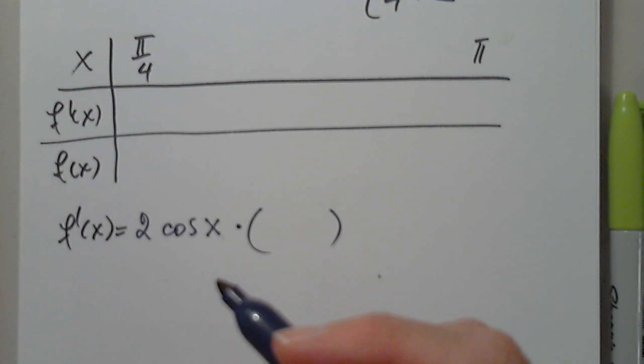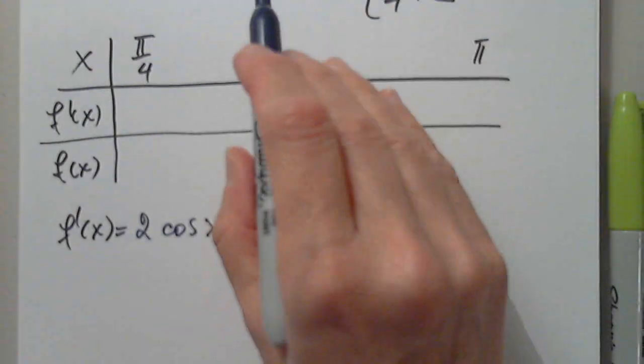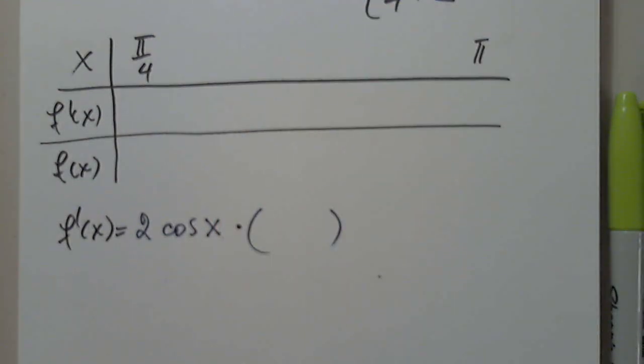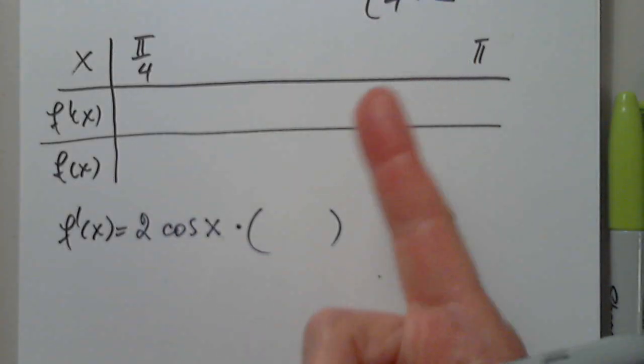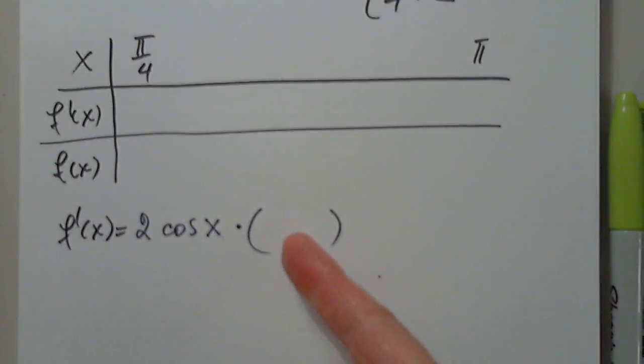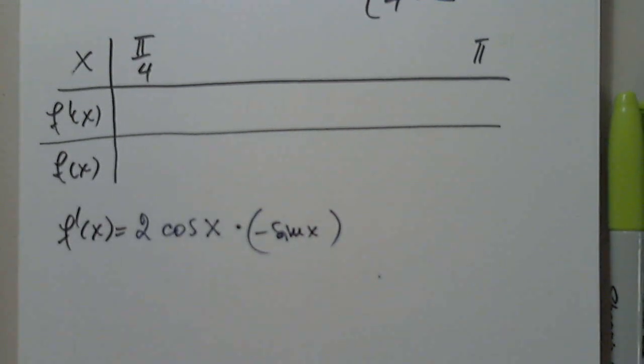The inner function is cosine. So we have an outer and we have an inner. We differentiate the outer, we bring down 2, we subtract 1 from the power, times the inner function prime, so sine x, but negative. Okay.